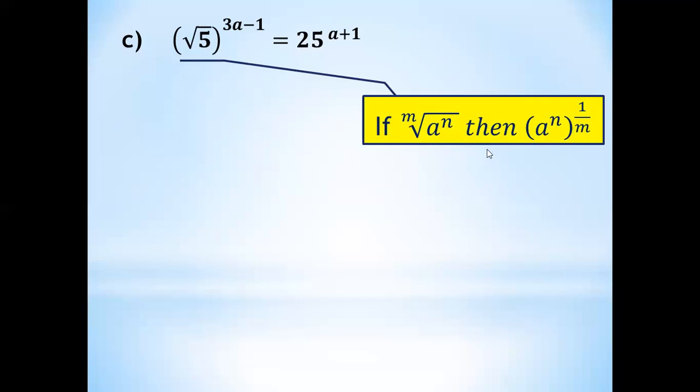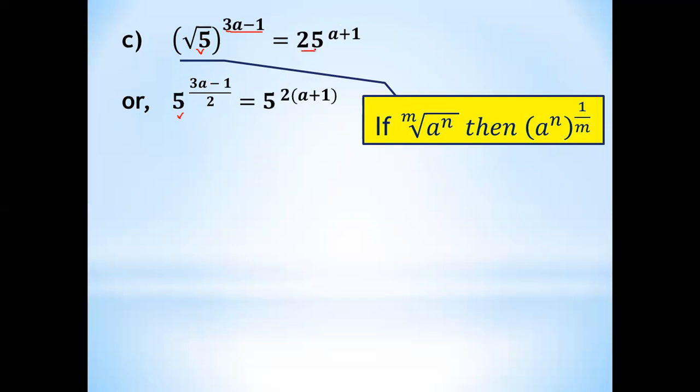As we have a square root here, it will be 1 by 2. I hope that you all have clearly understood the idea that we have discussed here. So this root over 5 can be written as 5 to the power 1 by 2, and there is already power 3a minus 1. So 1 by 2 power and 3a minus 1 will multiply and eventually make (3a minus 1) by 2.